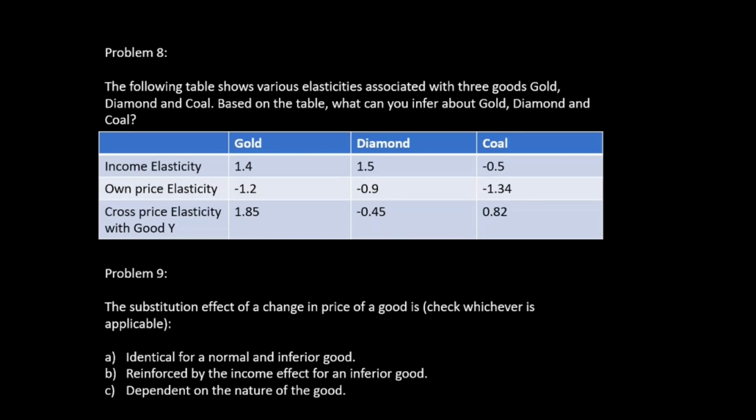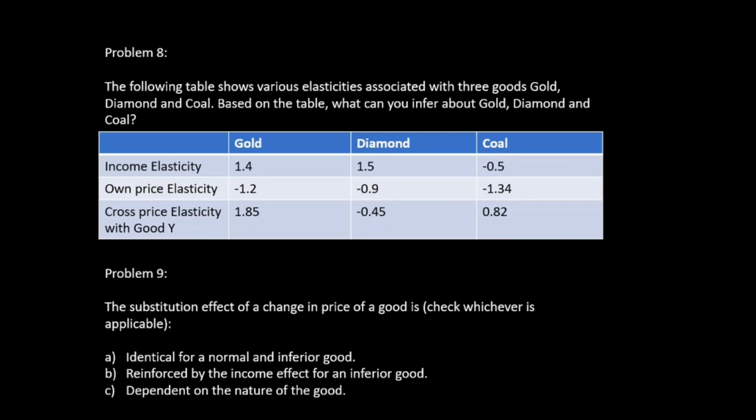So the change in the quantity demanded is very high as compared to an inferior good, because in case of inferior good, the income effect actually pulls the quantity demanded in the opposite direction. So the substitution effect is not identical for normal and inferior goods. It is actually more in case of normal goods rather than inferior goods.